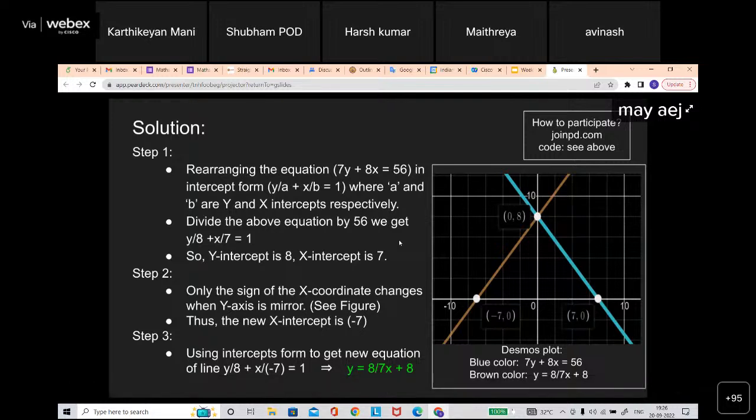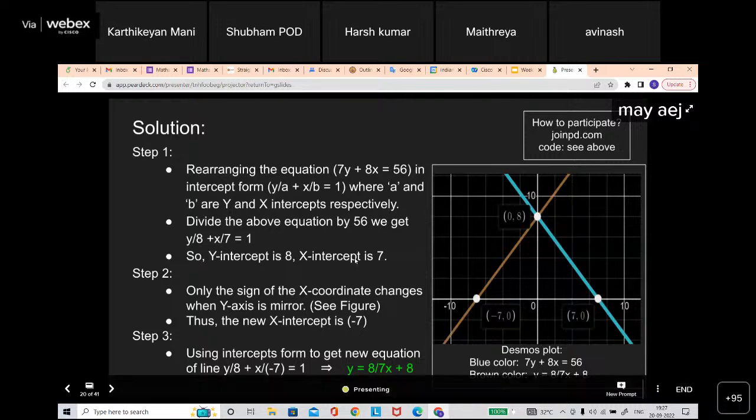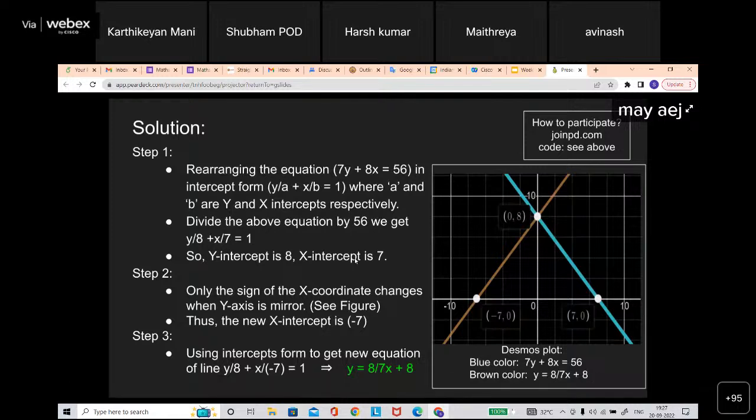Sir, is there any need to do calculations? No, calculation is not needed. Actually, I have done it like 7y minus 8x equal to 56. This is line one's equation, and I have just changed negative to positive.